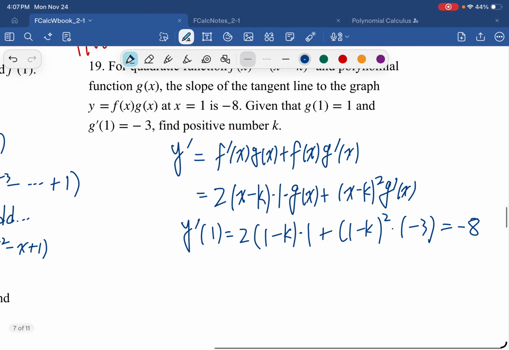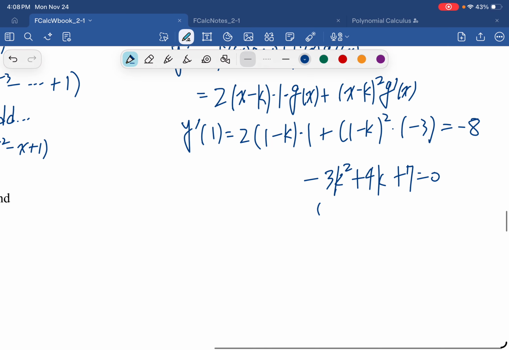So we have negative 3k squared, and then 6k minus 2k plus 4k, and then we have negative 1 plus 8, so that's plus 7 equals 0. All right, so we have 1 and 3, we need 4, so that's 7, 1, and we need positive 4, so the negative sign should be here.